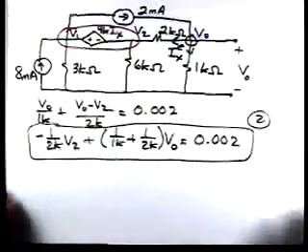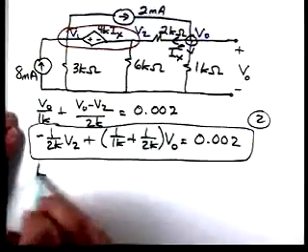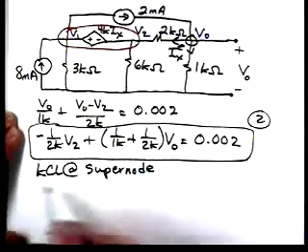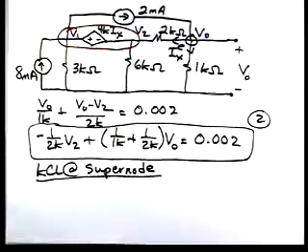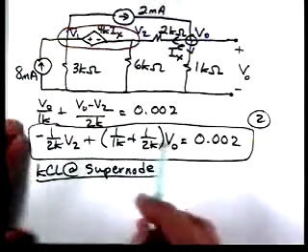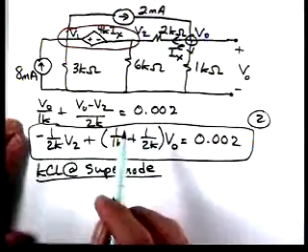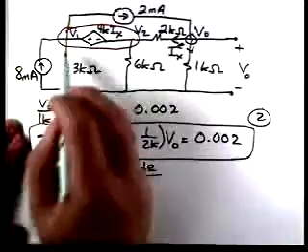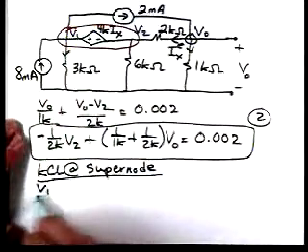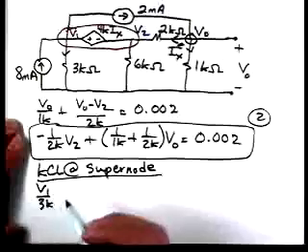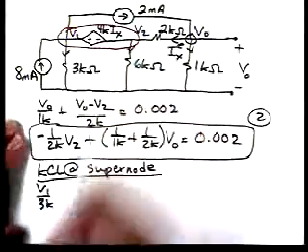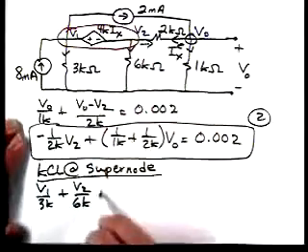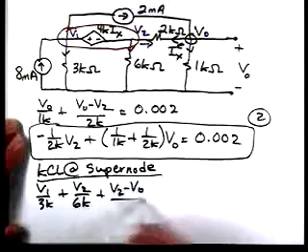Now, we want to do KCL at the supernode to get our third equation. So now I'm going to sum currents leaving the supernode through resistance and set that equal to the sum of currents entering from sources. So the first term will be V1 over 3K. Then we'll have V2 over 6K. Then we'll have V2 minus V0 over 2K.